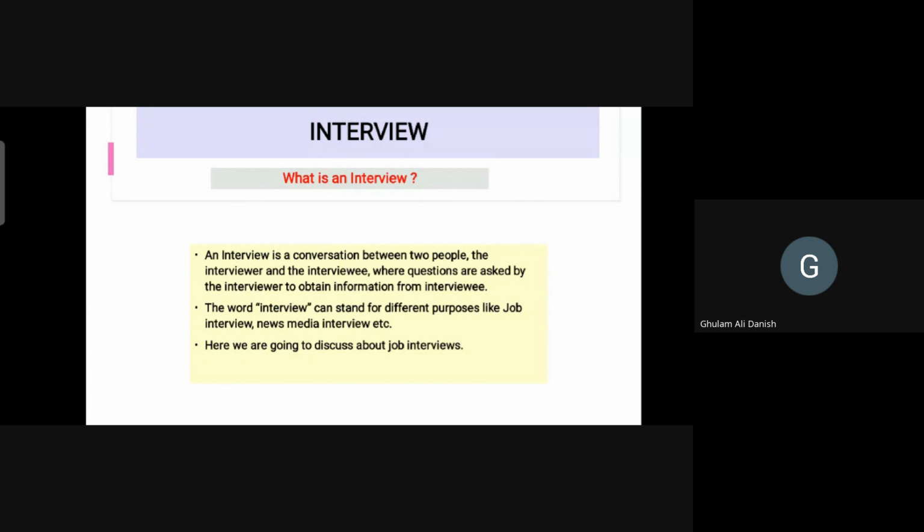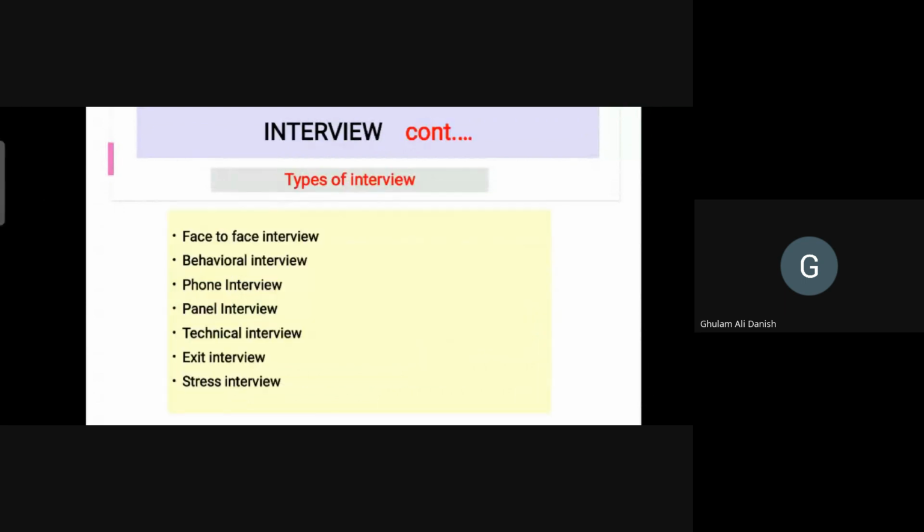The word interview can stand for different purposes, like job interview, news media interview, etc. So this is how we are going to talk about job interviews. These are the types of interviews.